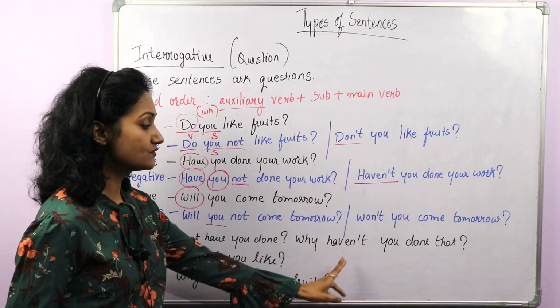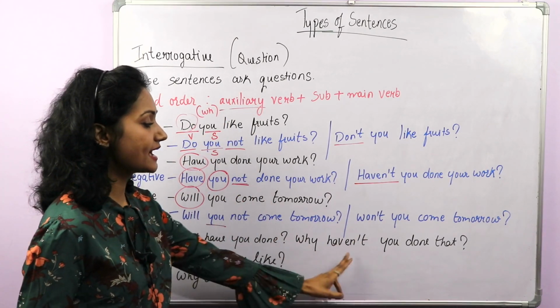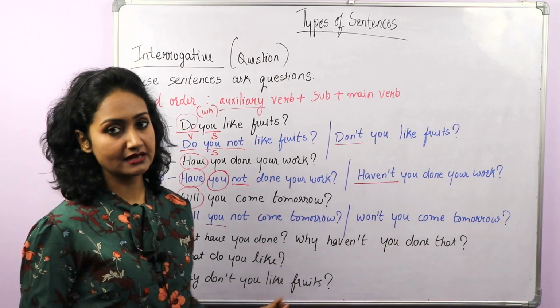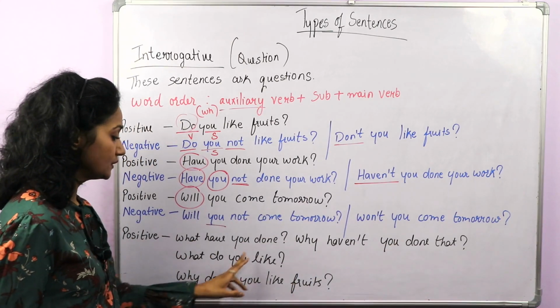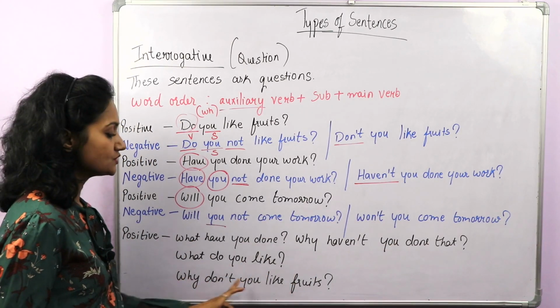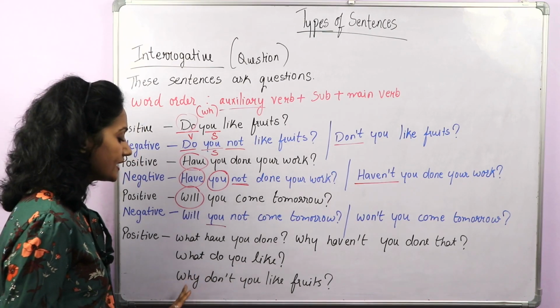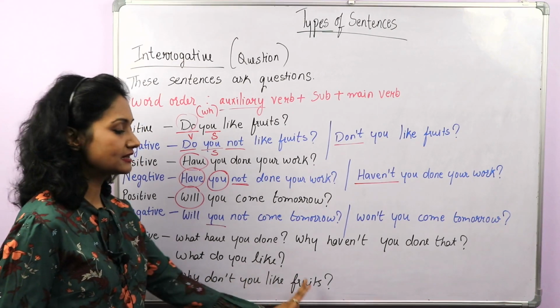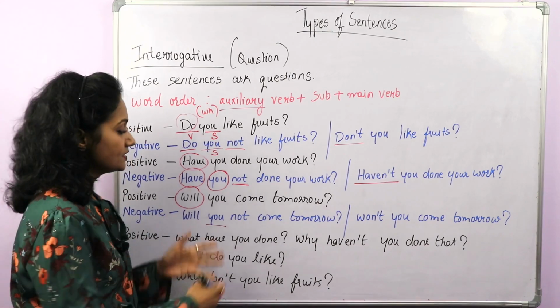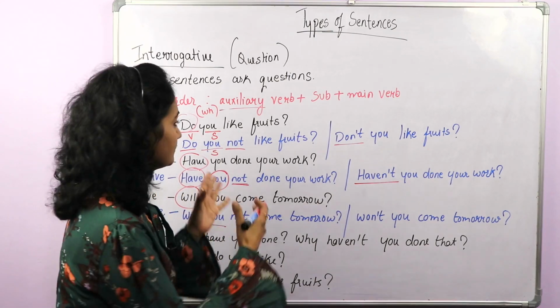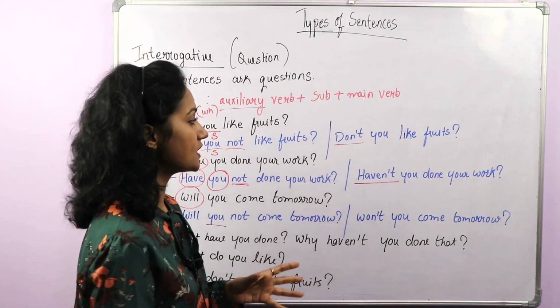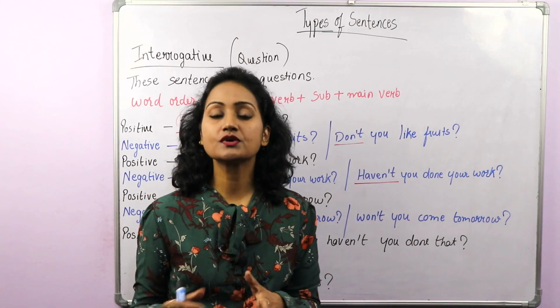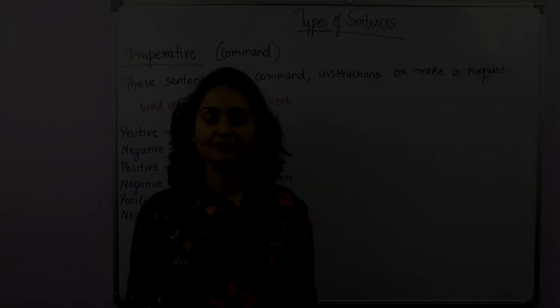Why haven't you done that, or why have you not done that? What do you like? Why don't you like fruits? Why do you not like fruits? So that's how you can use WH words to construct interrogative sentences or to construct questions.